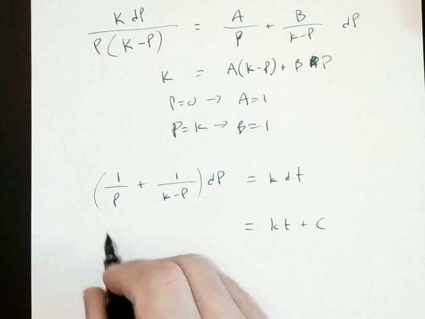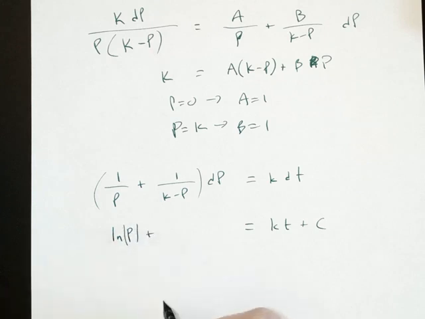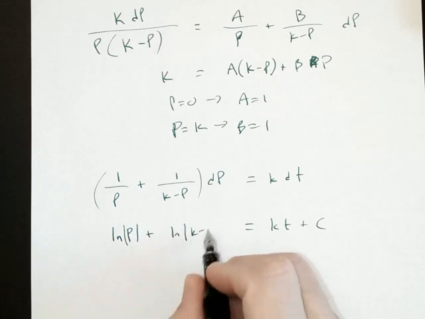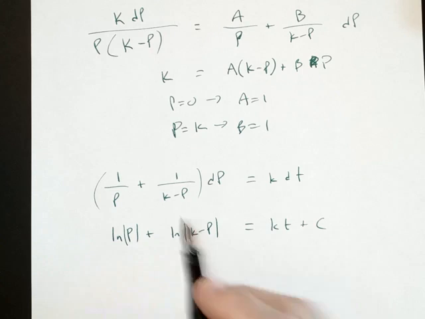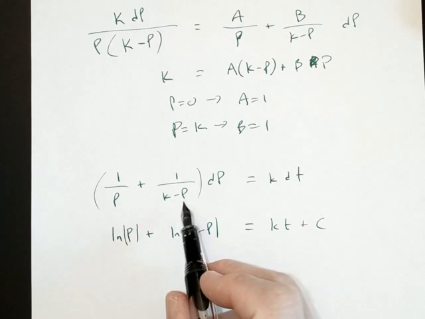Almost. In order for me to integrate this one, I need to do a u substitution. 1 over u, right? But that's k minus p, and p is the variable, so my du gets a negative sign in it, right? So I end up with a minus here instead of a plus.